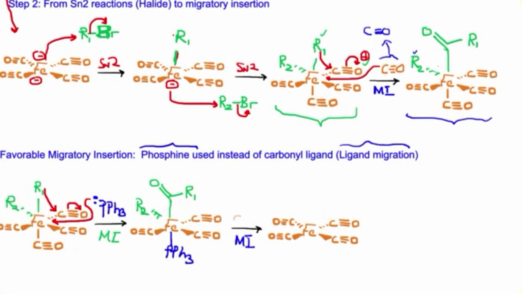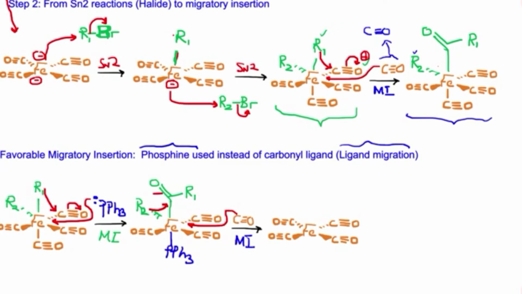And carbonyl comes in here, and since phosphine is already introduced, it triggers a poor leaving group to execute that particular migratory insertion. This results in the formation of a bond with the metal, and then this performs a second migratory insertion.